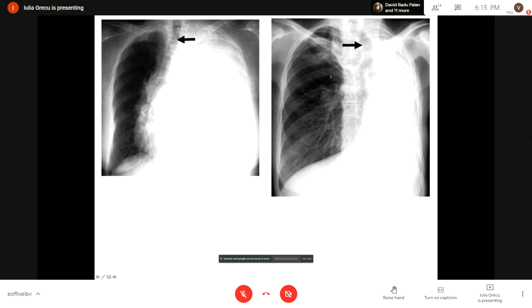Okay, but the pneumothorax is a pathology that gives us a hyperlucency, an image that is darker compared to lung. Maybe an atelectasis. Okay, correct.